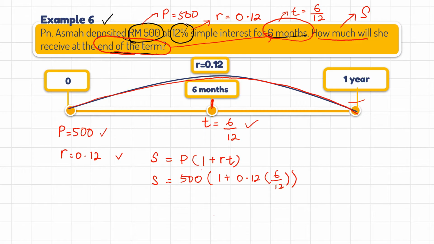Then you just press your calculator carefully and you will get 530. Please remember, the unit for simple amount should be in RM. So your final answer will be RM530. This is your final answer.